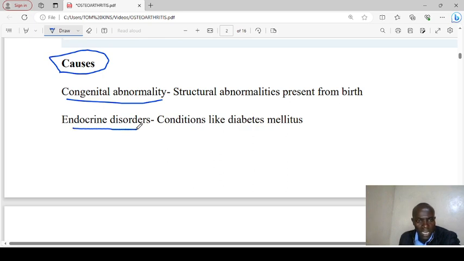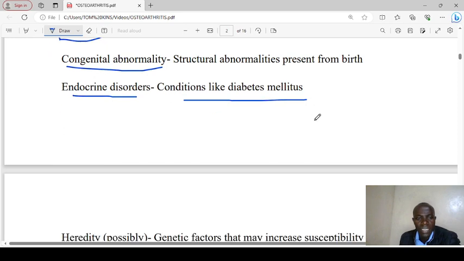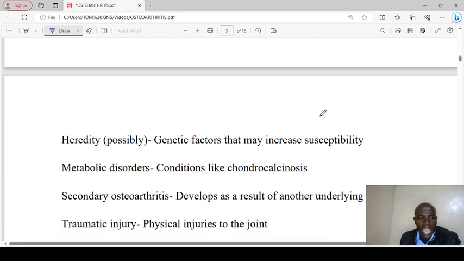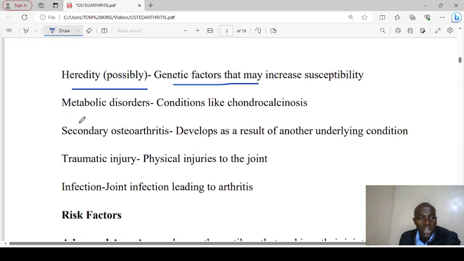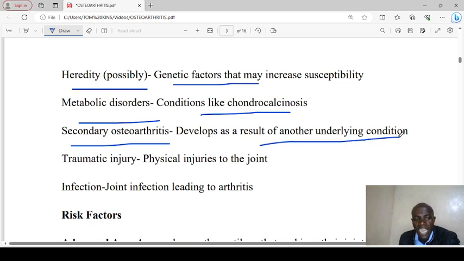For the endocrine disorder, we have conditions like diabetes that predispose the joint to such. Hereditary, we have genetic factors that may increase the susceptibility. Also for the metabolic conditions like chondrocalcinosis, secondary arthritis develops as a result of other underlying conditions.